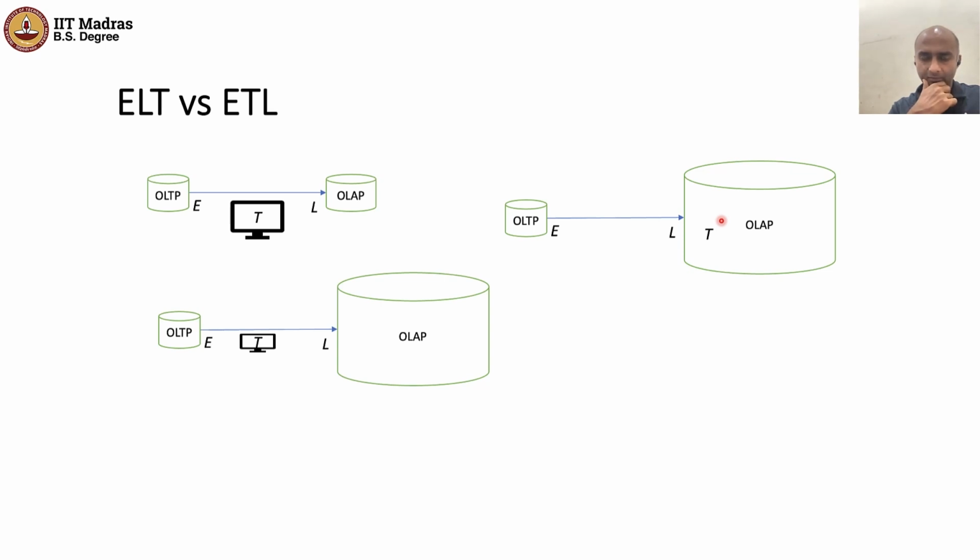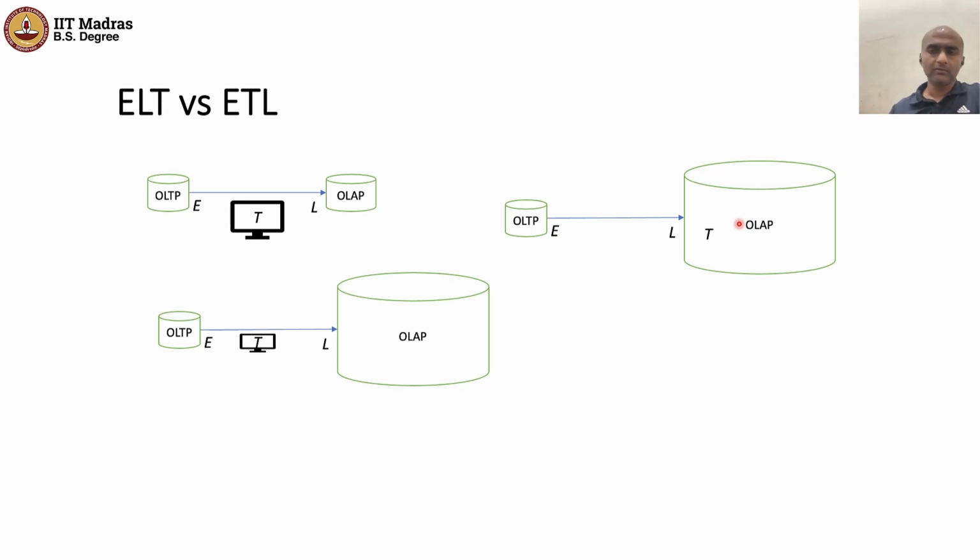DMS is the name of the tool in Amazon. So DMS is very good at, for instance, extraction from a source database. So you don't need a separate control layer. You just use DMS. It goes inside OLTP, does the extract, does the load as well, and then you follow it up with a bunch of transformations expressed using like Spark on Glue or Spark on EMR, Elastic MapReduce. So that's an example.